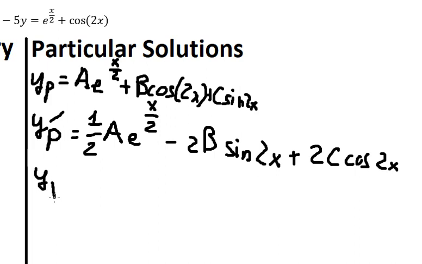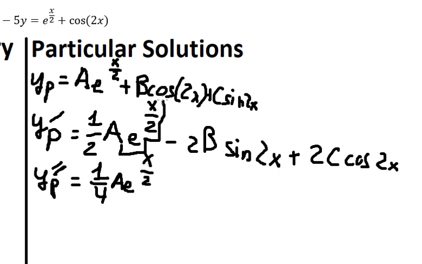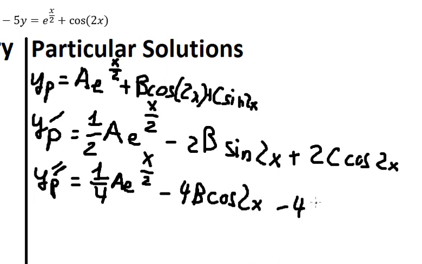This one we go to the second derivative of yb, and we have 1 over 4 A e to the power of s over 2. After we do the first derivative of this one, we have negative 4b cosine 2s. This one we have negative 4c sine 2s.